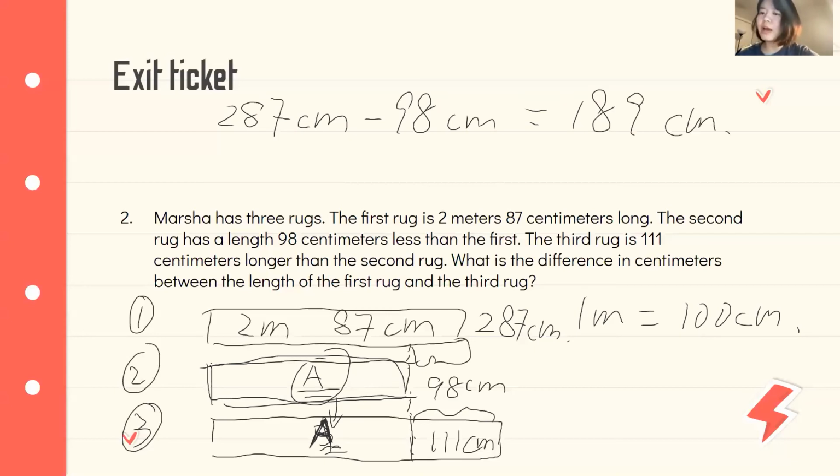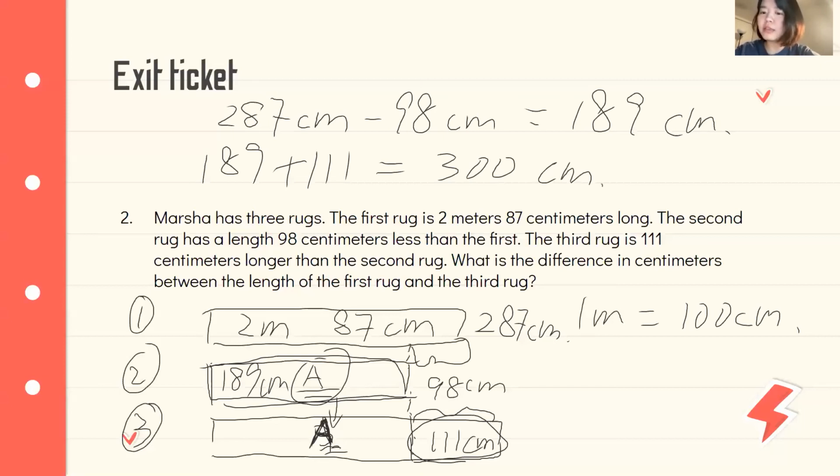Since we already know the second rock's length, 189 centimeters, we will add 111 centimeters to get the total length for the third rock, which is 189 plus 111, and that gives us 300 centimeters.